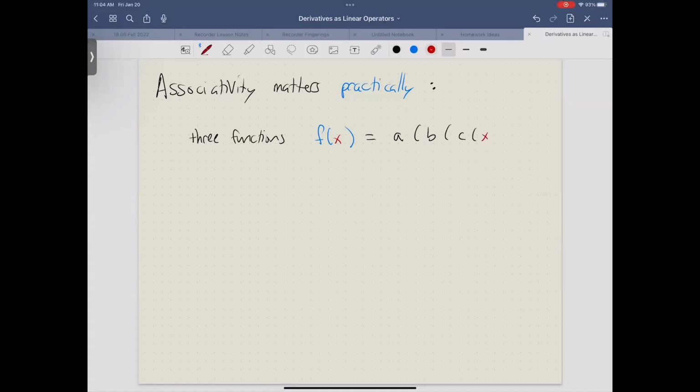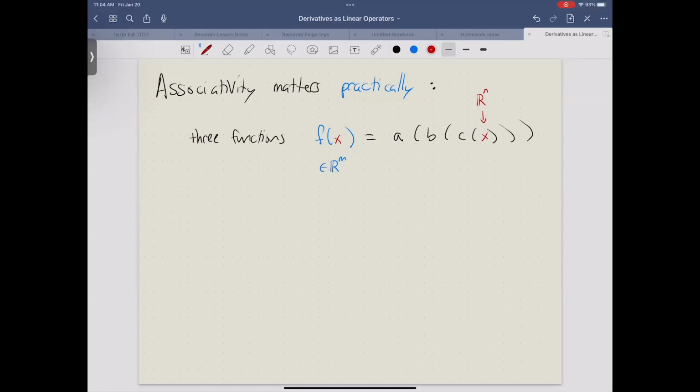Right? And suppose these all have different numbers of components. Suppose F has M components. Suppose that X has N components.